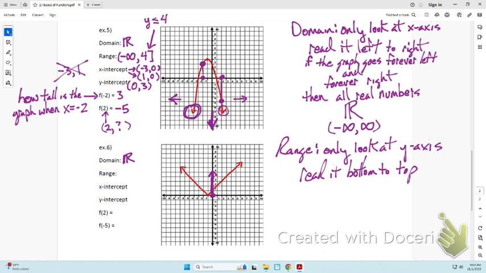So it is 0 to infinity. X-intercept is at -1. And the y-intercept looks like it's at 1, so (0, 1).